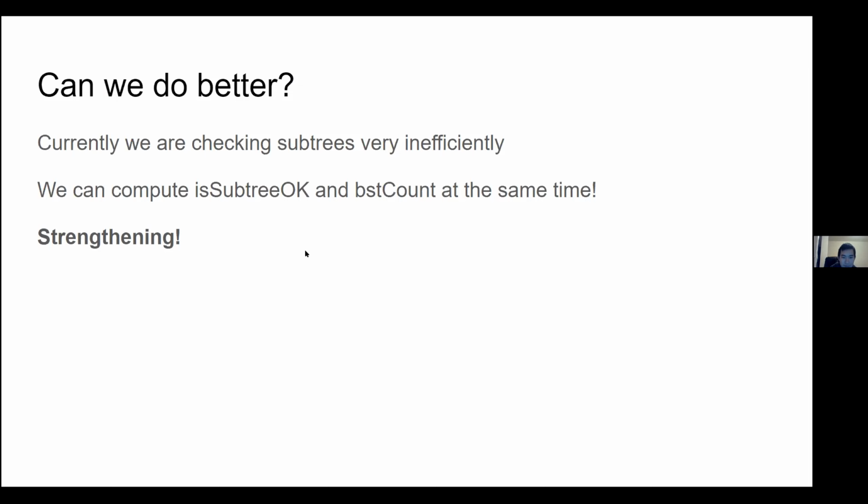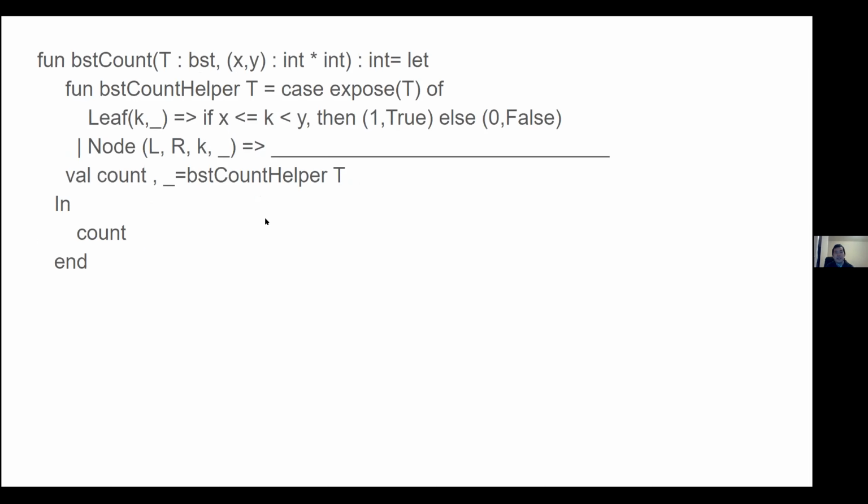Instead of having BST count just compute the number of subtrees within this range, we strengthen the problem by writing a helper function that not only returns the count, but also returns whether the entire subtree rooted at this node is within the range or not.